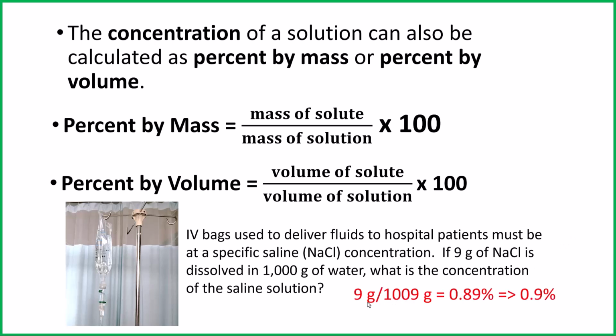And so we have 9 grams of solute divided by 1,009 grams of solution. And we divide that out and multiply by 100. We get 0.89%, or rounding to 0.9% for sig figs.